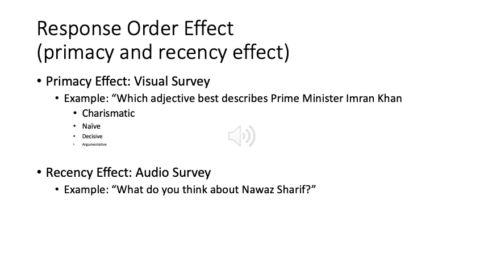We would like to think that they are optimizers and think carefully about each option, but in reality, they are satisficers. In visual surveys, typically what happens is what we call the primacy effect. The first option that a respondent sees is the one that they will pick more often, particularly if they don't have a strong opinion about the option.